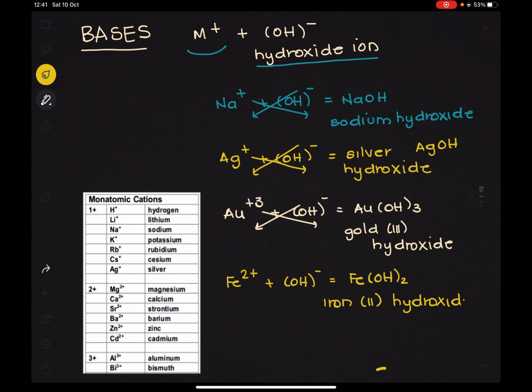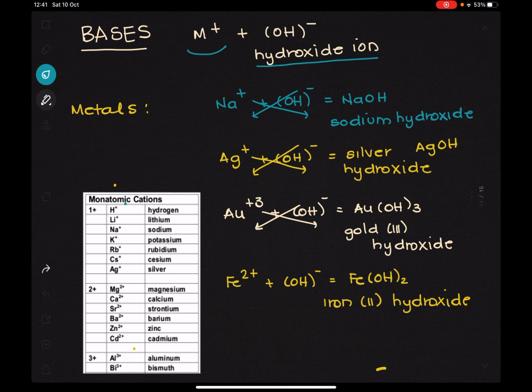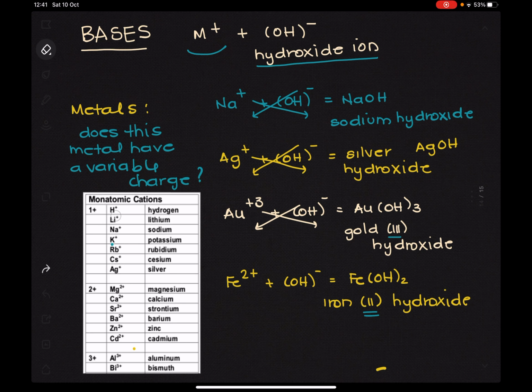So remember, every time we work with metals, we need to ask ourselves, does this metal have a variable charge? And if it does, you need to specify what charge you're working with. And you specify with the Roman numerals. And that will be it for this one.